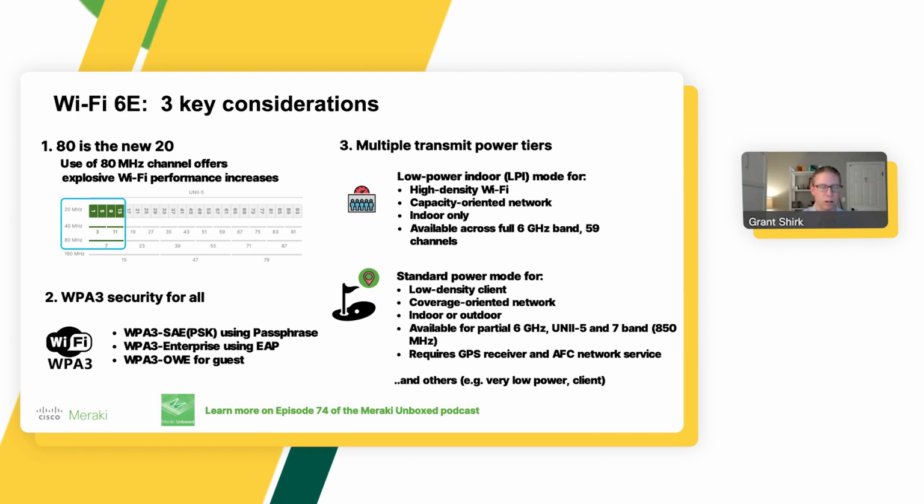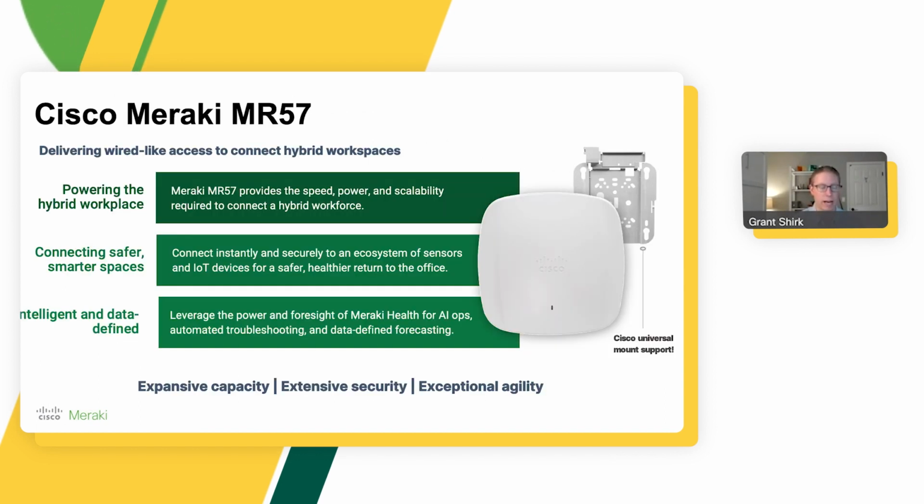It's a great conversation. And I think that brings us to our next slide, which is, okay, how is Meraki making Wi-Fi 6E accessible? And this is through our flagship 6E access point, the MR57.